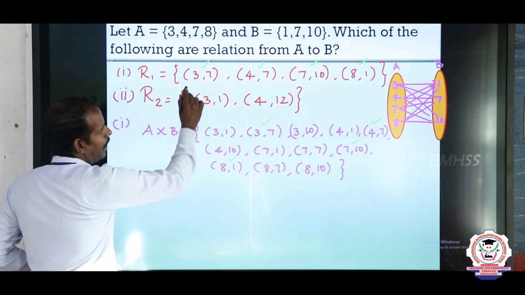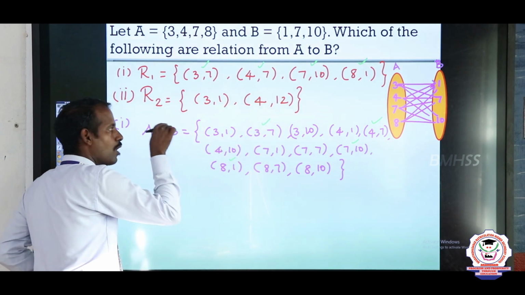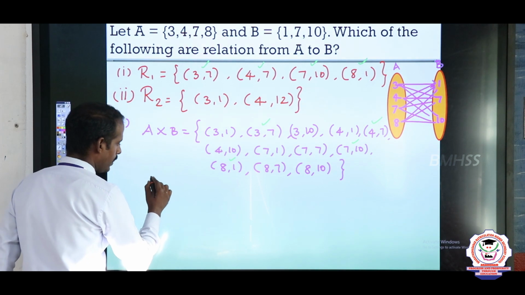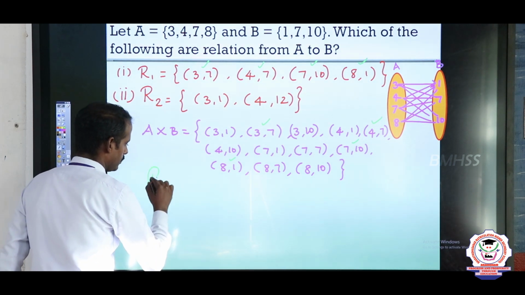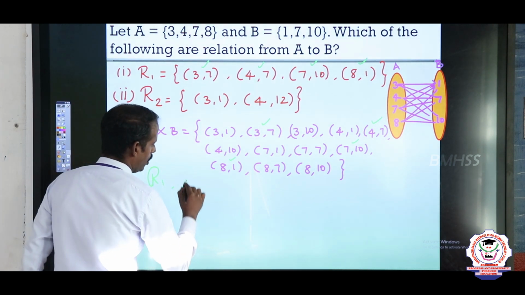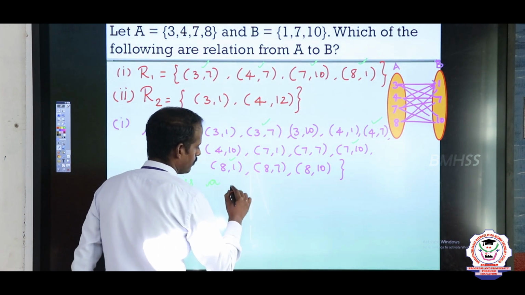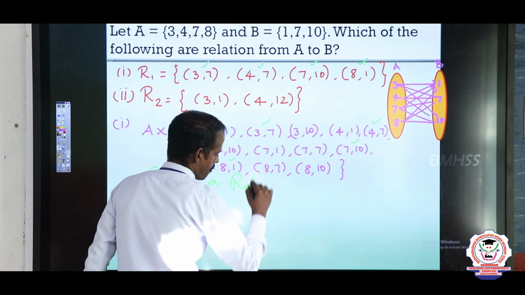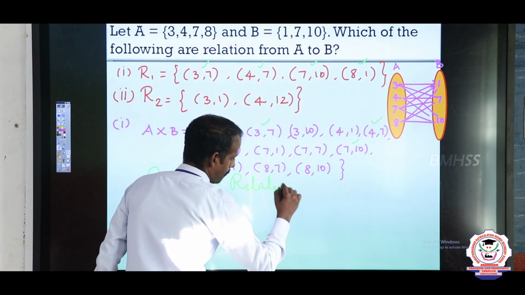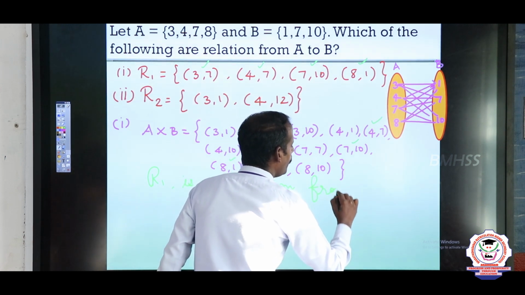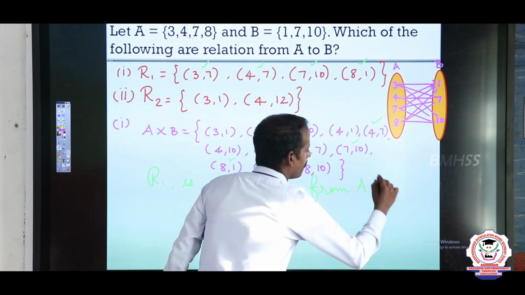So here all the elements belong to A Cartesian B. Therefore R1 is a relation from A to B.